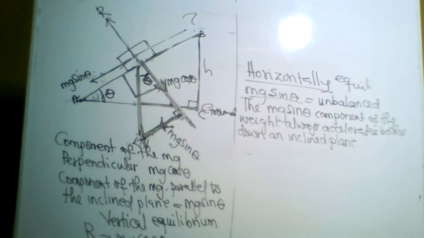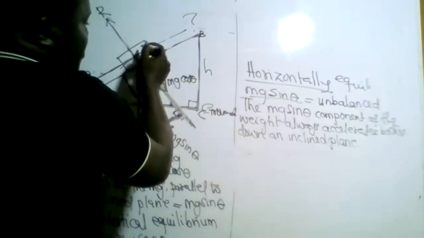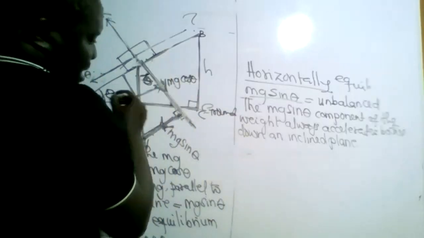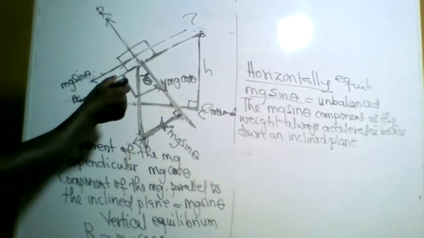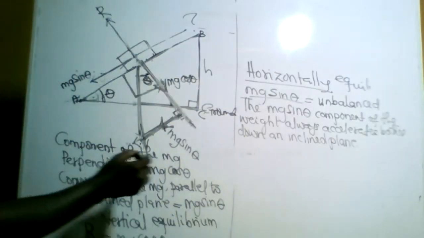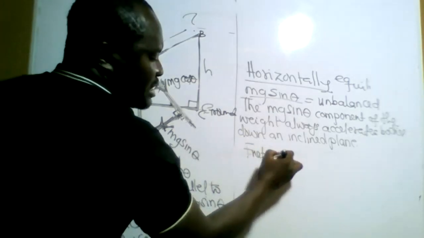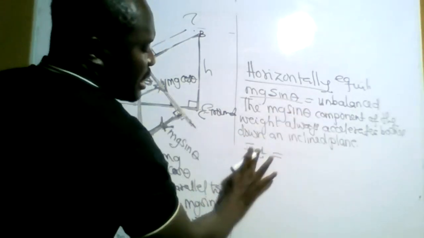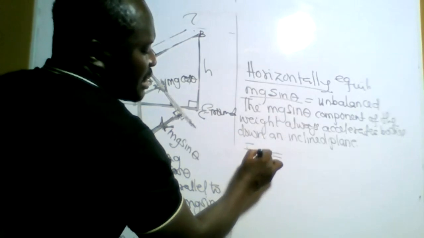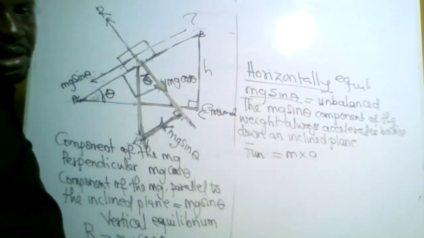All right. So if this is the force which is always rolling a body down a plane, then we can find the acceleration of bodies on an inclined plane, because the net force is the unbalanced force, and the unbalanced force is equal to mass times acceleration.